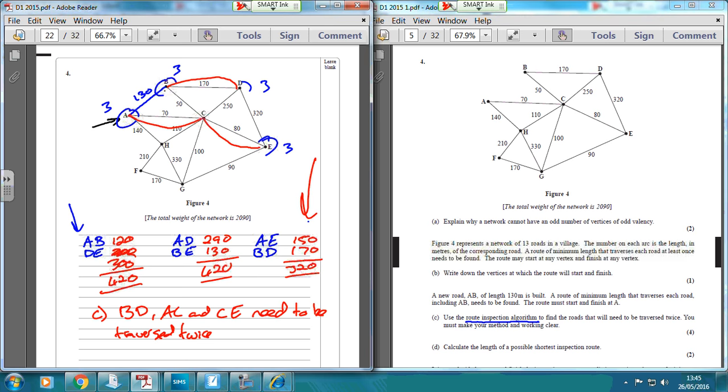And the length of the entire network is 2090, plus we need to add on these extra lengths here. So it's going to be 2090 plus 320, which is going to be 2410.